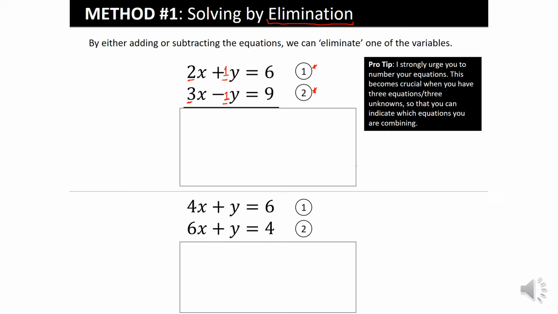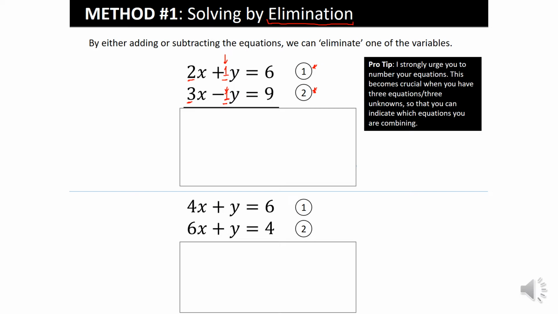So in this case, we can see that equation 1 and equation 2, the y coefficient of both is the same value. So in the top one it's 1, in the bottom one it's minus 1, but we can see they're the same size. So if we were to add these together, we'd have plus y and minus y. So what that would do, that would cancel out.